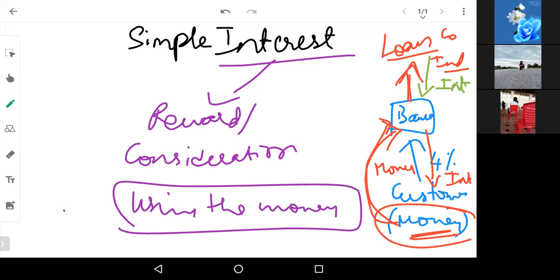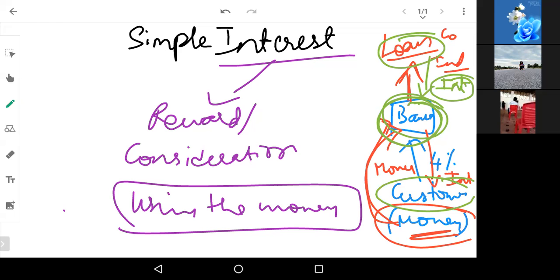Why do they have to pay the interest? Because they are using the bank's money. So that is why they are supposed to pay the interest. Clear? So interest is the reward or consideration for using up the money. So loan people will pay the interest to the bank because they are using the bank's money, and the bank will pay the interest to the customer because it is using their money. So that is the concept of interest.